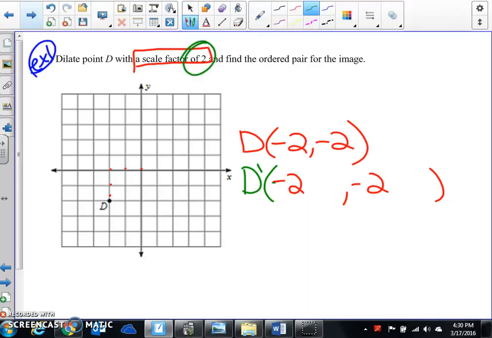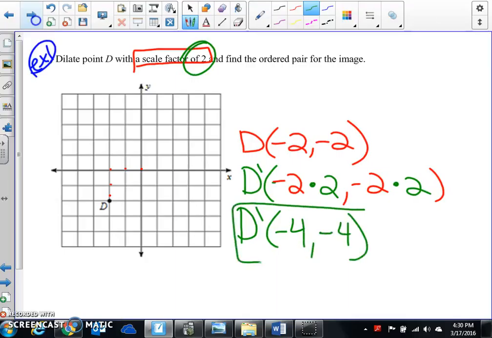So the scale factor is 2. So I'm going to multiply by 2, multiply by 2. Therefore, D prime is equal to -2 times 2 is -4. -2 times 2 is -4. So if I plotted that, I'd go -4, 1, 2, 3, 4, down 4, 1, 2, 3, 4. So that's my D prime.